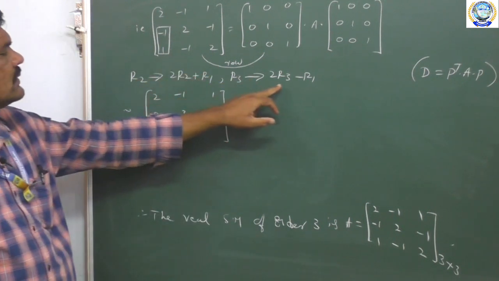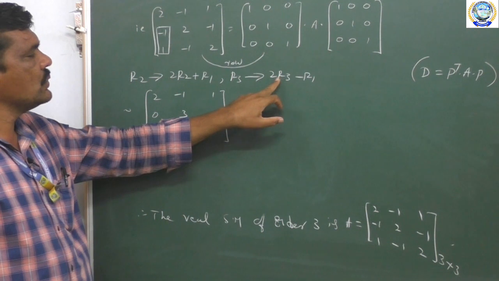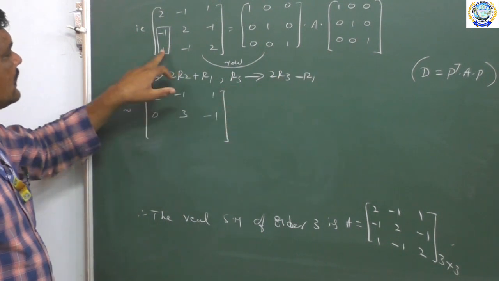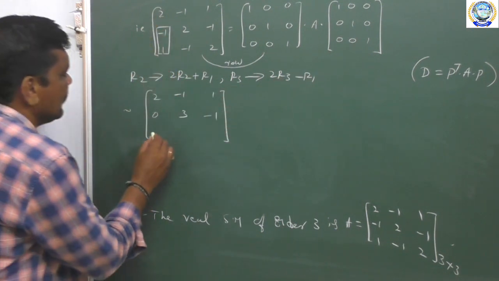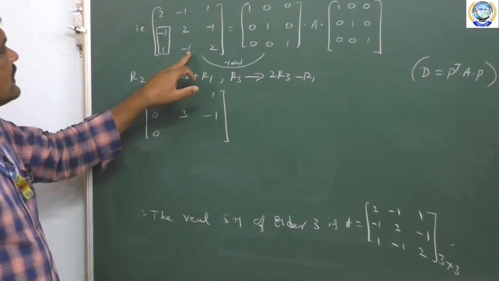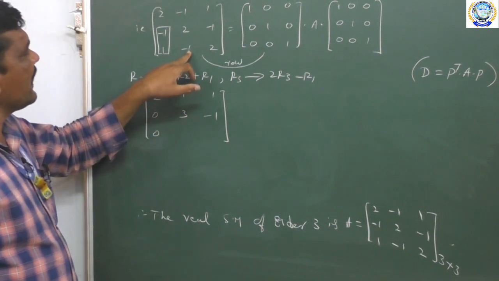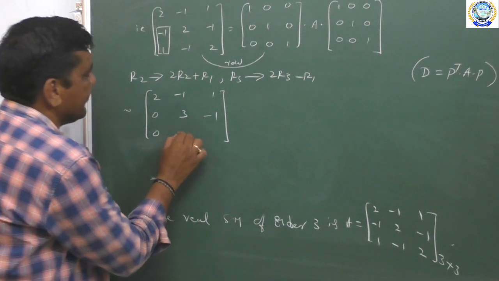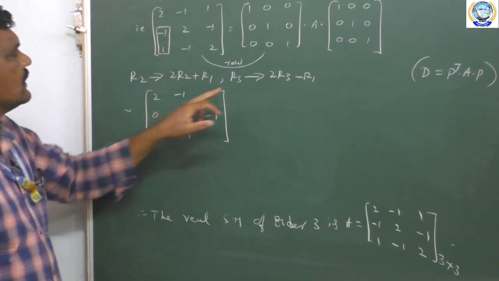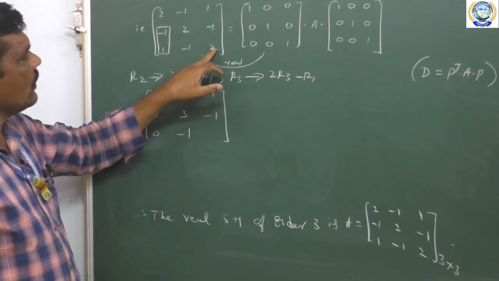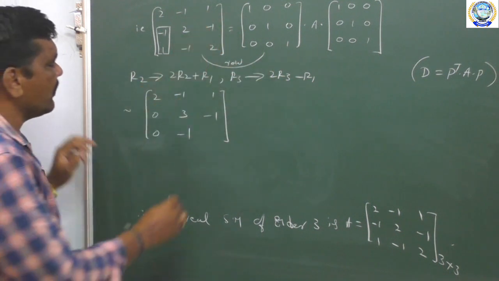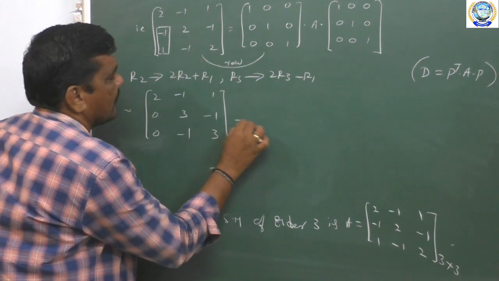Next, in the third row, we write 2R3 minus R1. 2 into 1, 2 minus 2, so it is 0. Next, 2 into minus 1, minus 2 plus 1, so it is minus 1. 2 into 2, 4 minus 1, it is 3.